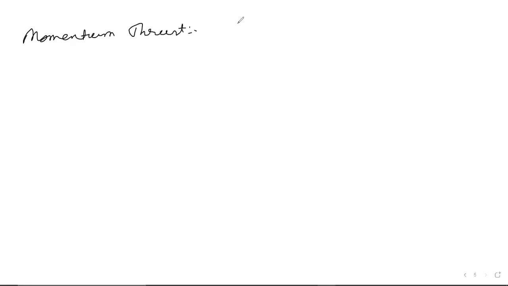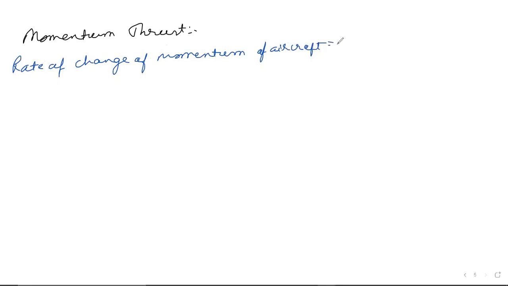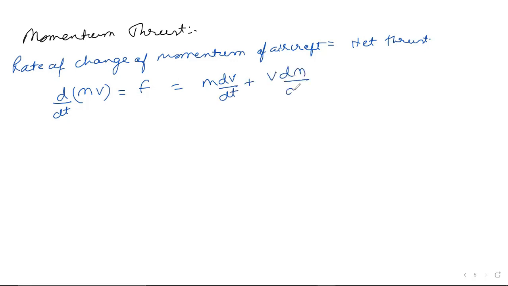For momentum thrust, we can say that the rate of change of momentum of the aircraft is equal to net thrust. The rate of change of momentum is mv, so d by dt of mv is F. So F equals m dv by dt plus v dm by dt.